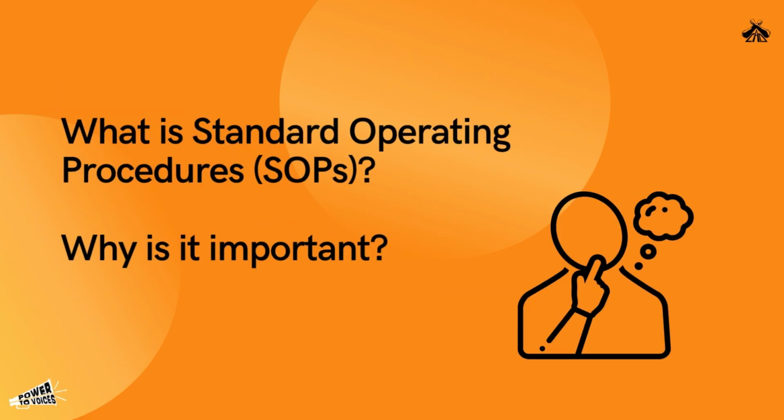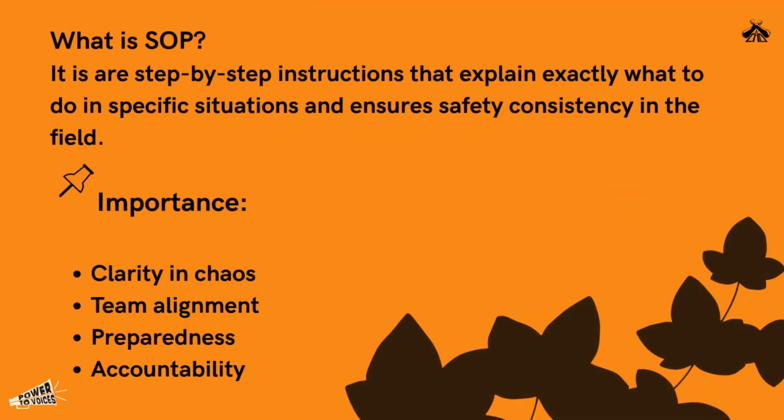So, what are SOPs and why are they important? SOP stands for Standard Operating Procedure. These are written step-by-step instructions that guide how to respond in specific situations. SOPs are designed to create clarity, consistency, and safety, especially when things are uncertain or stressful.